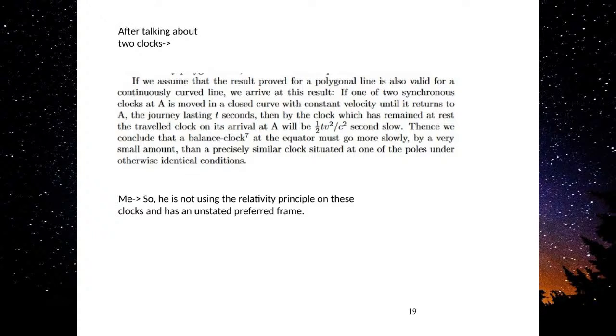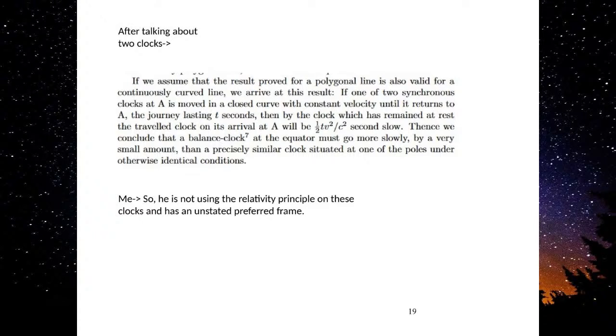Thus we conclude that a balanced clock at the equator must go more slowly by a very small amount than a precisely similar clock situated at one of the poles under otherwise identical conditions.